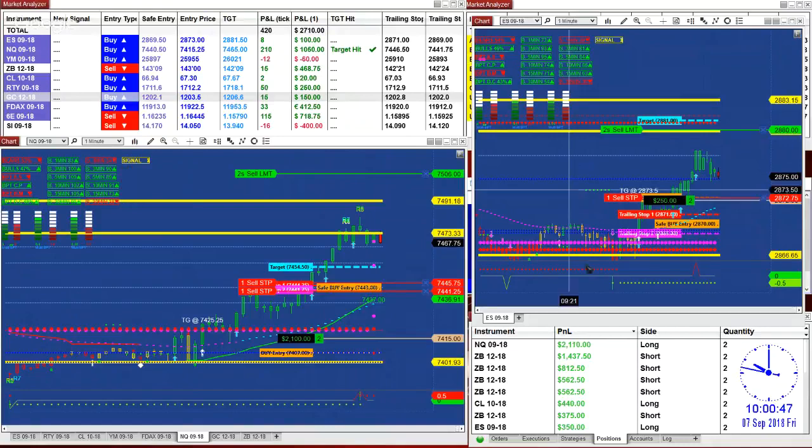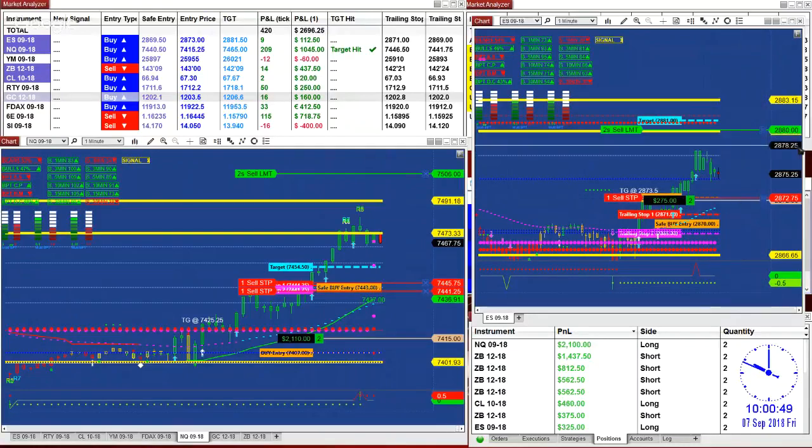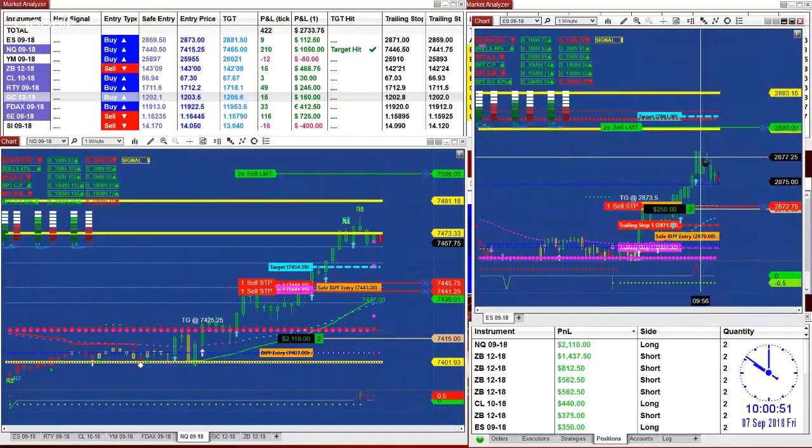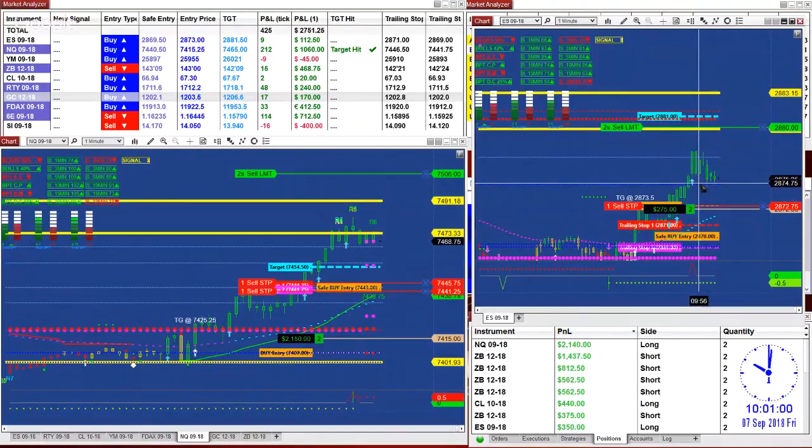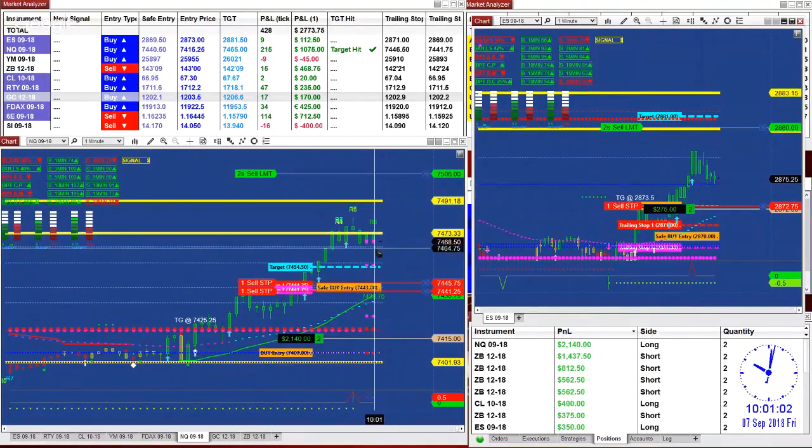So right now, things start coming down, and on the ES we have a resistance at 7726, pulling back to the support area at 7475. That is making the Nasdaq slow down a bit.